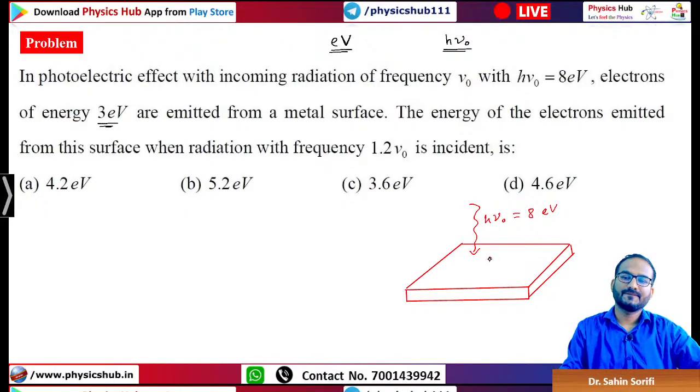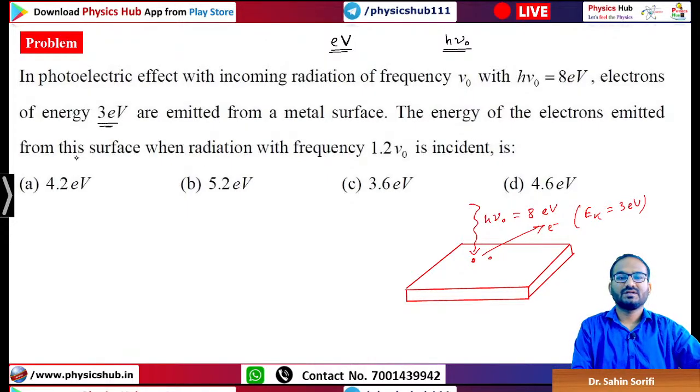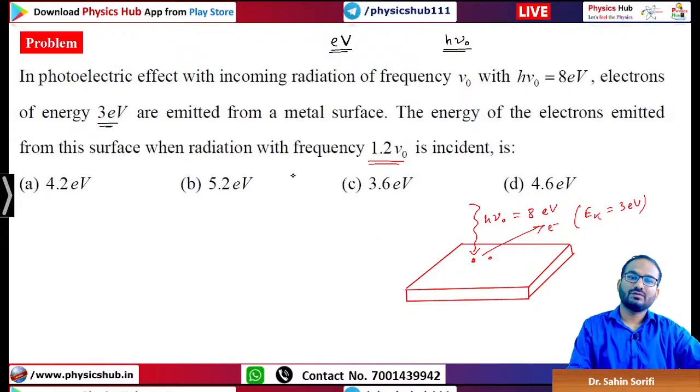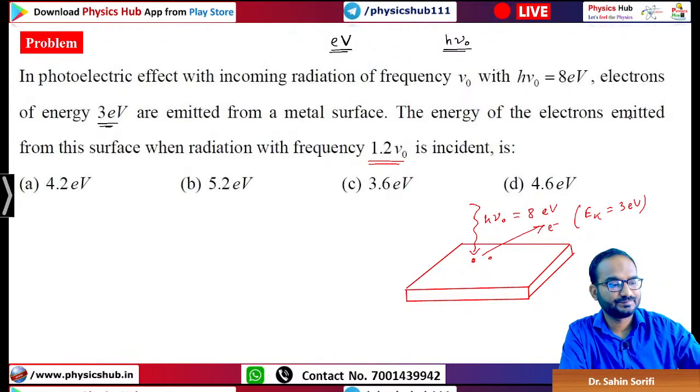Electrons of energy 3 electron volt are emitted, so Ek is 3 electron volt. What is the energy of the electrons emitted from this surface when the radiation frequency is 1.2 nu 0? So when it is 1.2 times h nu 0, obviously 1.2 into this 8, what will be the kinetic energy of the electrons? Can you do this?